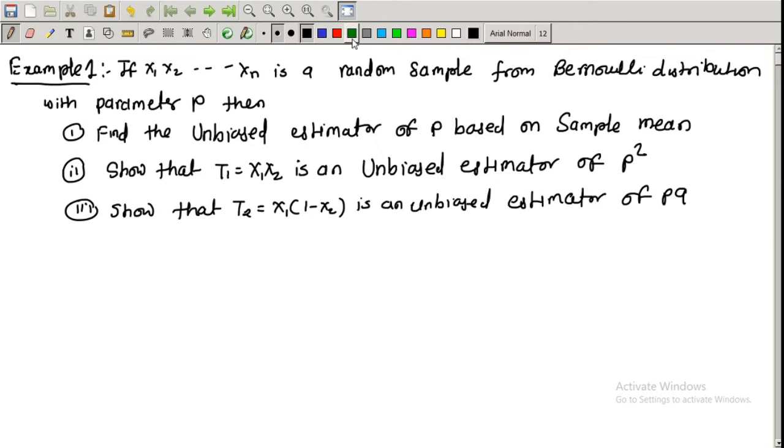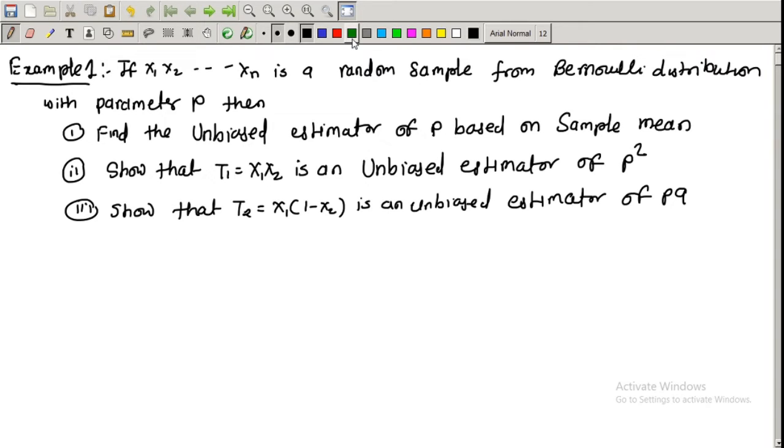The first example on unbiasedness is: if x1, x2, up to xn is a random sample from Bernoulli distribution with parameter p, then number 1, find the unbiased estimator of p based on sample mean.